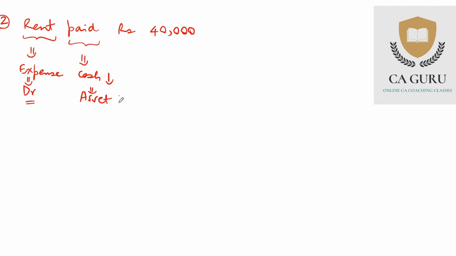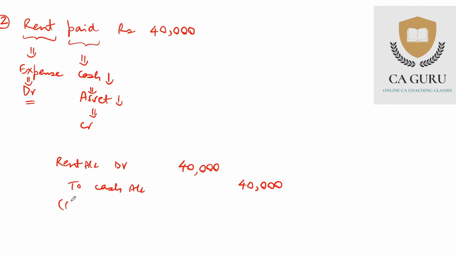Asset is coming down. If asset comes down, you will credit the asset. So you will say rent account debit to cash 40,000, and under narration, being rent paid. Okay, this is the journal entry.